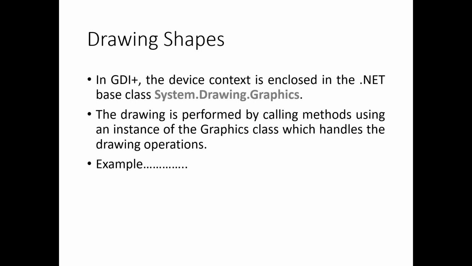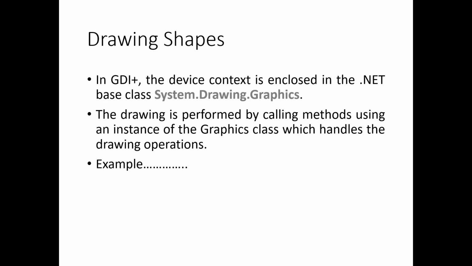Now we'll see how we can draw some shapes on a Windows form. For that, we have to use some classes available in the .NET framework, and all those base classes are available in the System.Drawing.Graphics class. The drawing is performed by calling methods using an instance of the Graphics class, which handles the drawing operations.